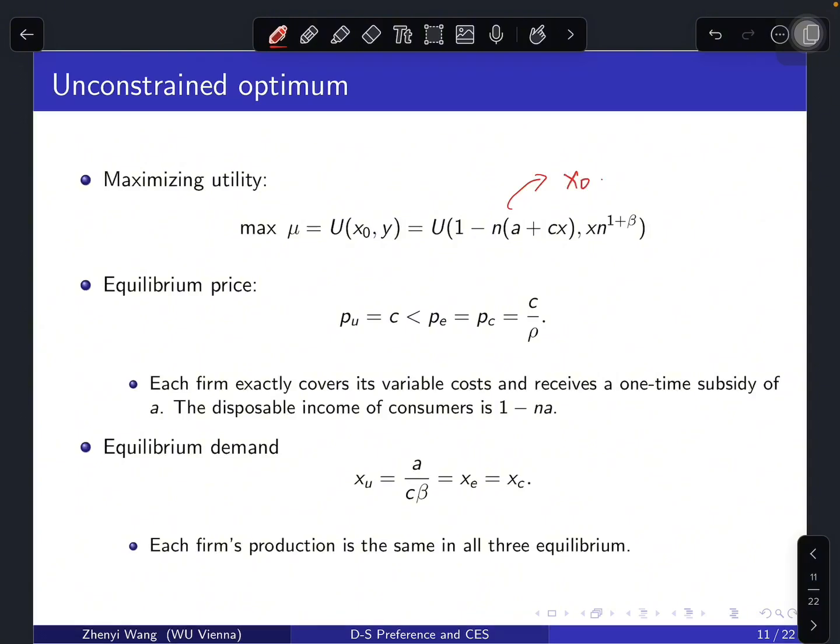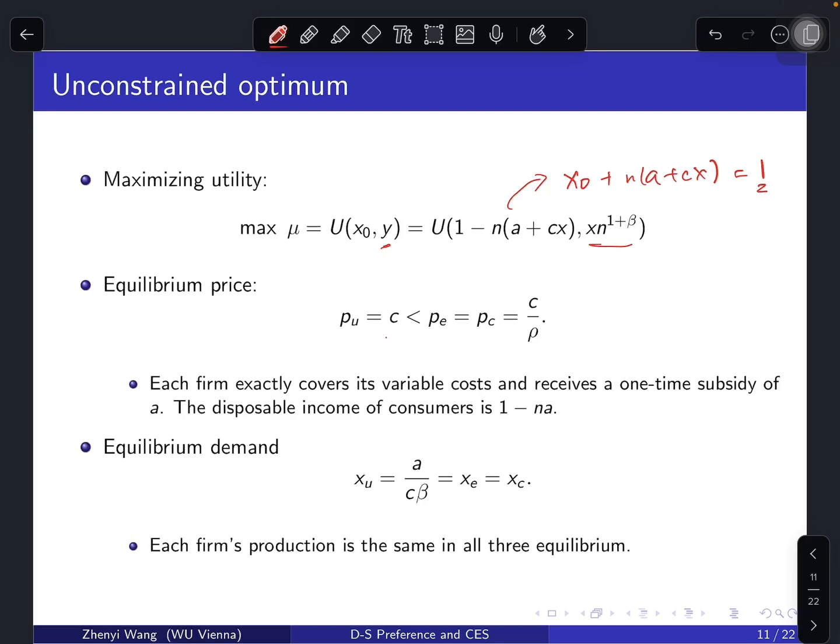It means that the spending on X0 plus the spending on the differentiated product equals 1, which is a standardized income. And we replace the y with a function of x and n, which is derived from the consumer utility maximization problem.